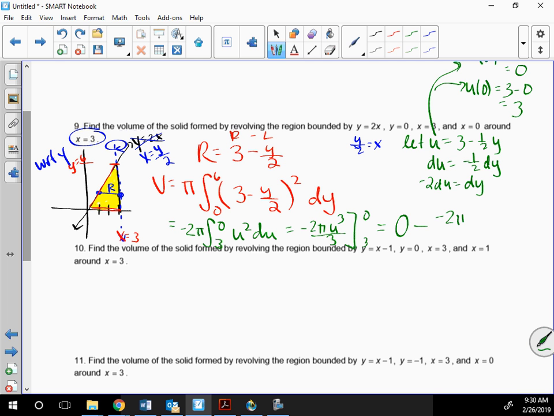So -2 pi, 3 cubed over 3 becomes positive. 3 cubed, 3 squared, is that 18 pi over 3? Yep. Oh no, it's 18 pi, right? We got rid of that 3 in the bottom. Just 18 pi. That actually wasn't too bad. We avoided all those fractions.